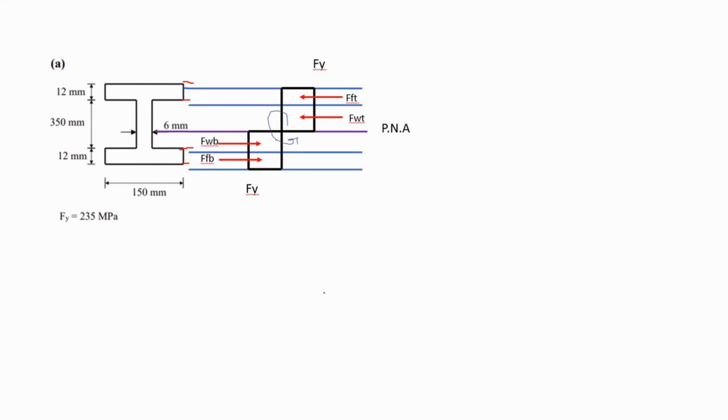The plastic neutral axis is located at the middle, or at the centroid of the member, when it is symmetric. This member is symmetric as it is a wide flange, and the top side is symmetrical to the other side. Therefore, the plastic neutral axis is located at the middle.